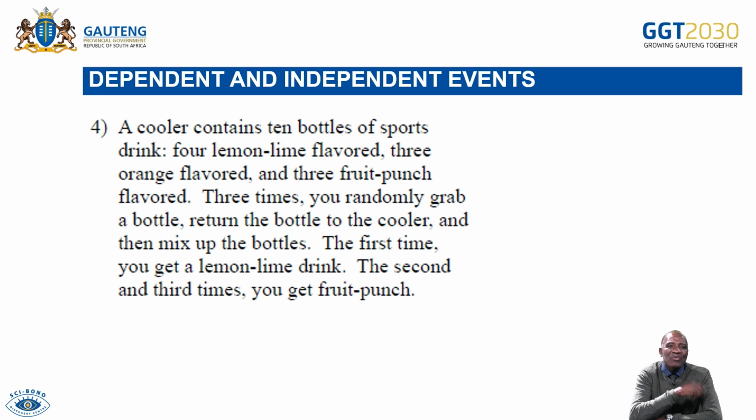The first time you get a lemon lime drink, the second time, and the third time, and so on. Would you classify this as dependent or independent? Remember, you are checking and returning. You are returning.